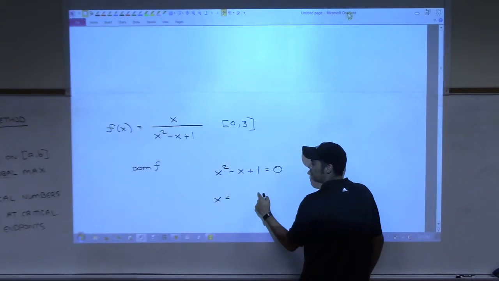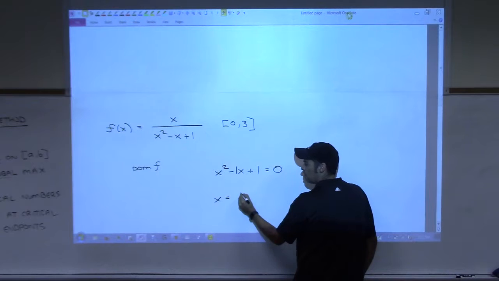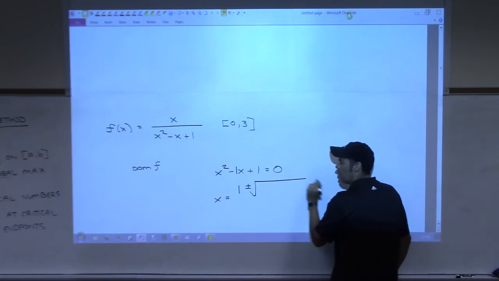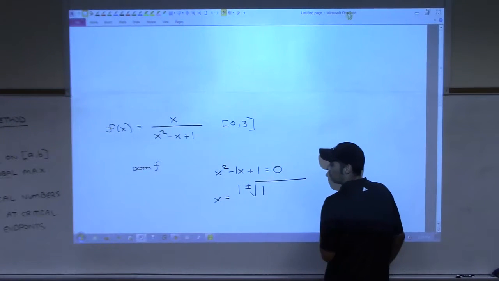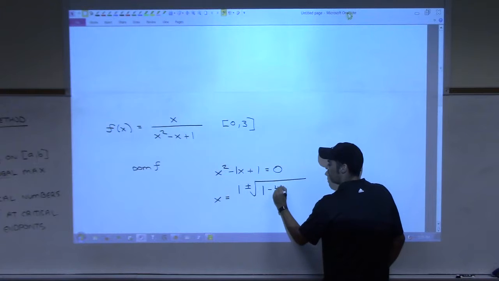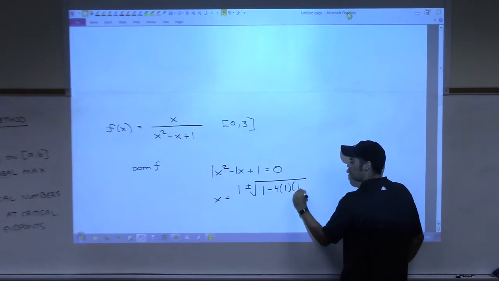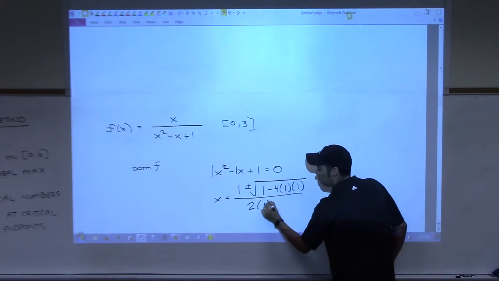Negative b for us would be negative of negative 1, which is 1, plus or minus the square root of b squared, 1, minus 4 times a, which is 1, times c, which is 1, all over 2 times a, which is 1.